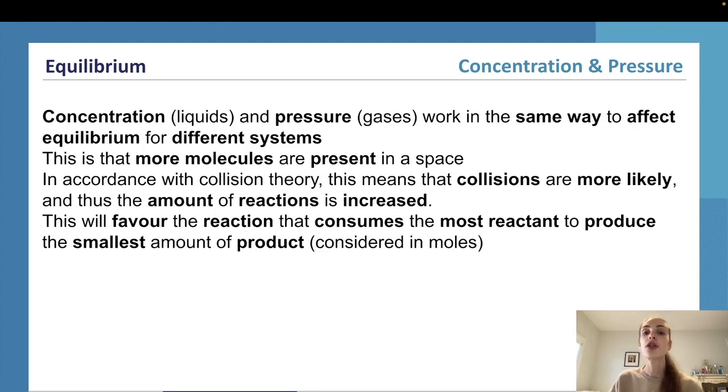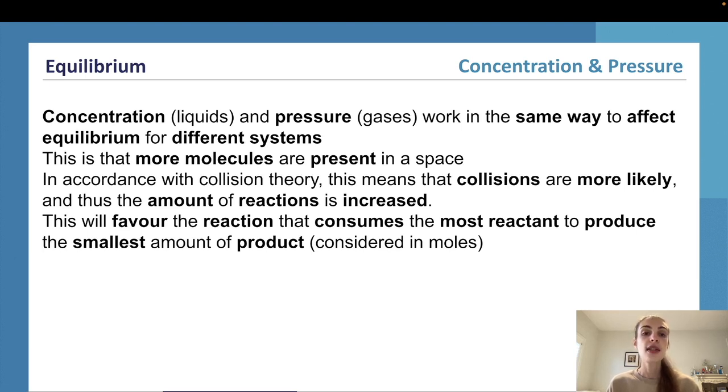Now, when we consider concentration and pressure, concentration, we remember, is for liquids, whilst pressure is going to be for gases. And so these are both going to work in the exact same way, in the way in which they affect equilibrium for various different systems.